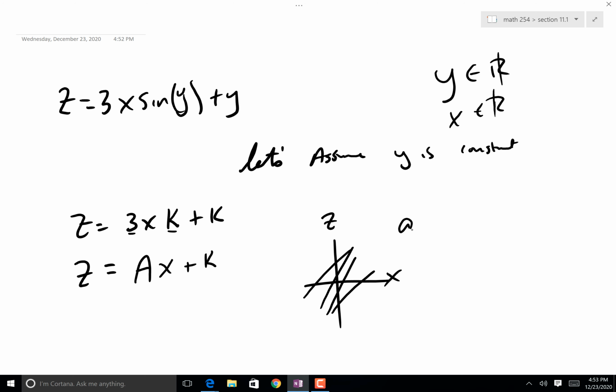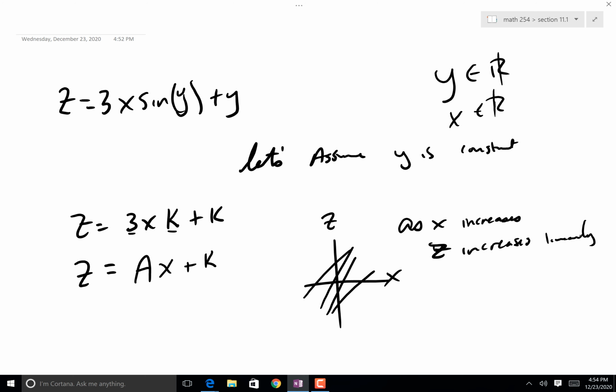So as x increases, z increases linearly. Does that make sense? Because y is not really changing in this case. We're holding y constant, very similar to an experiment where you hold one variable constant and manipulate the other to see what effect that has.